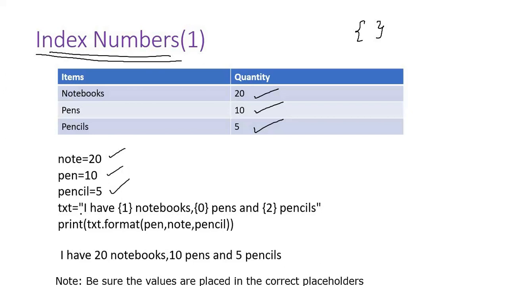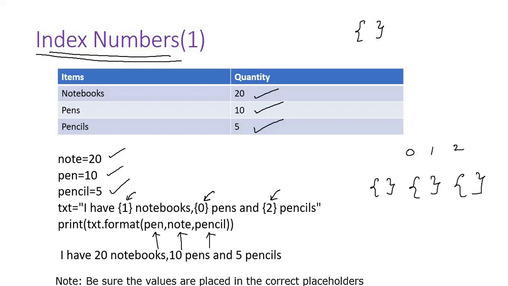So see the text. I have one notebook, this is index 1, 0 pens, index 0, and 2 pencils. So I'm using 3 placeholders, so I need to give the indices 0, 1, 2. Now you just see I'm passing either the value or the corresponding variable: pen, notebook, pencil.